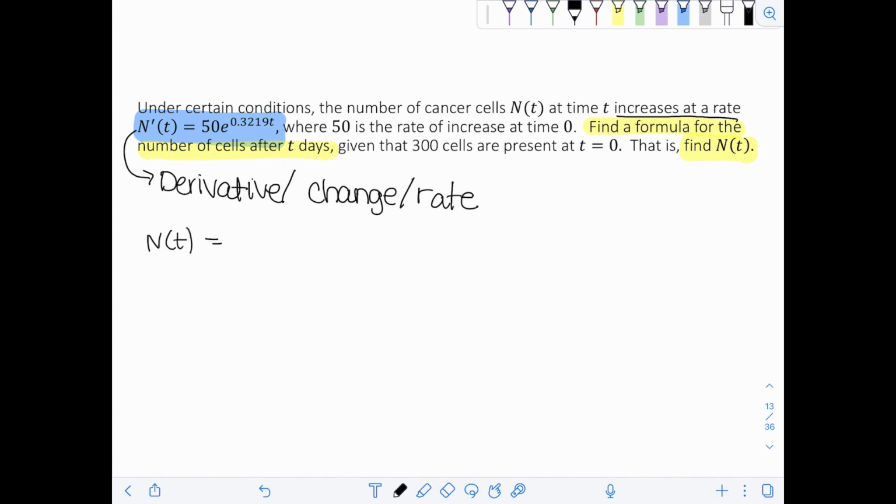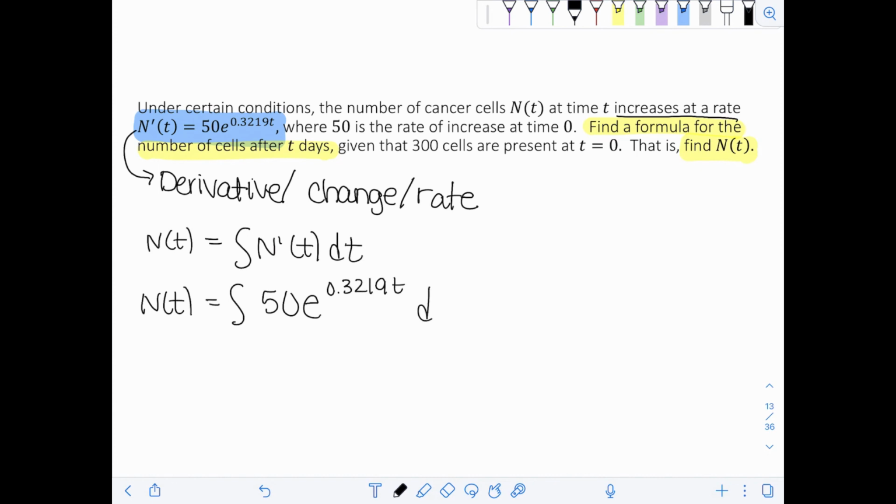N of t is going to be equal to the integral of the derivative. So N of t is equal to the integral of 50 e to the 0.3219 t dt.